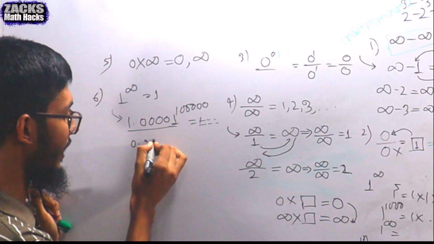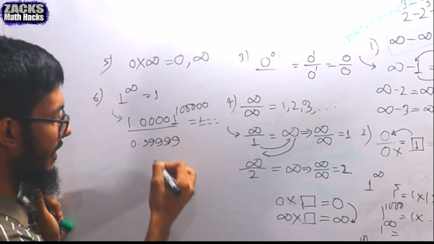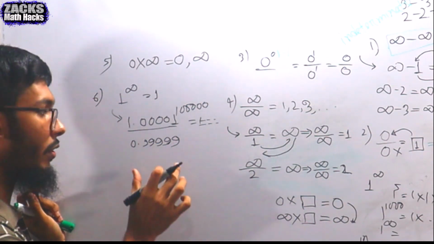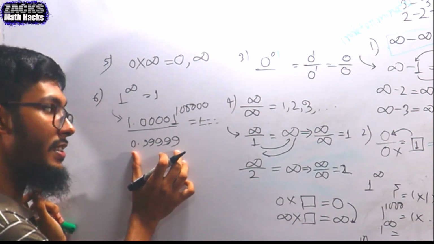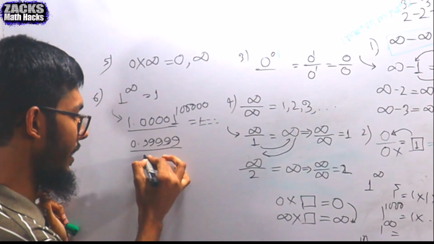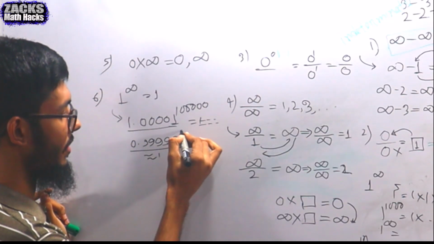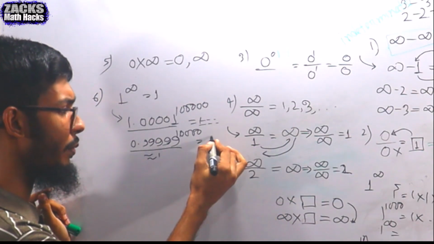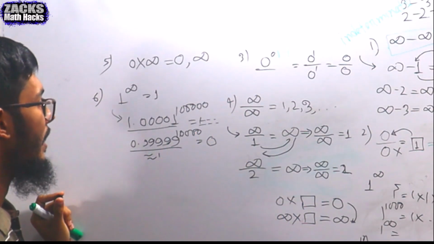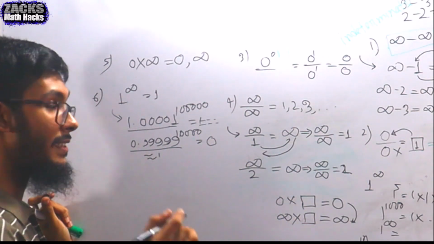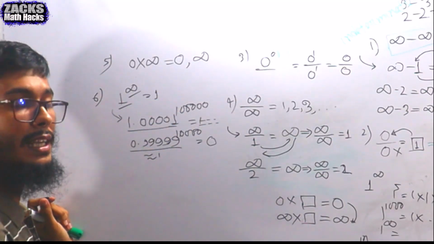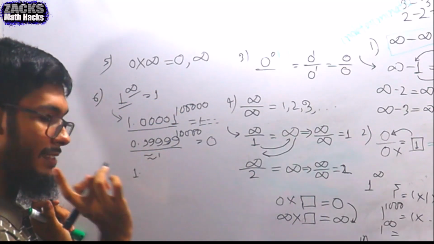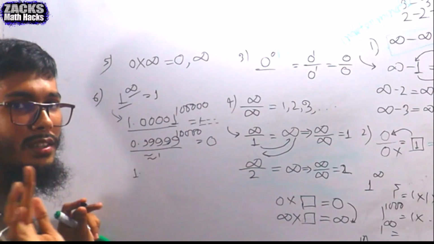Now in the same case, 0.99999 is also equivalent to 1, right? So if I put here some large value, what will be the result? You can check, it is equivalent to 0. But if the base, this is the base and this is the exponent, is exactly 1, then the answer will be 1, no doubt.